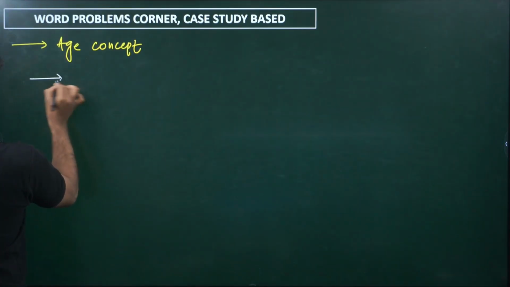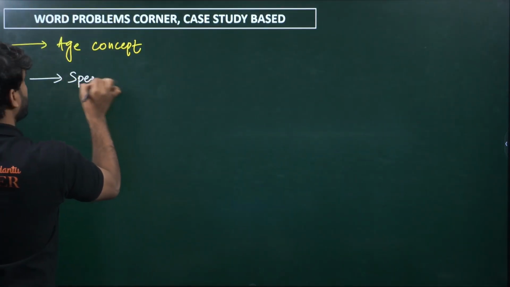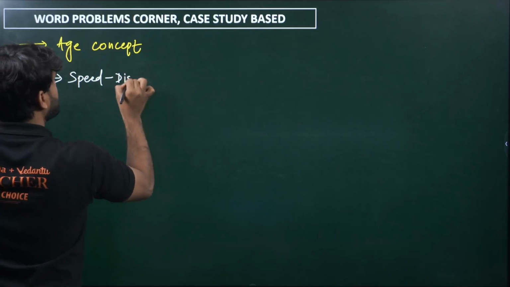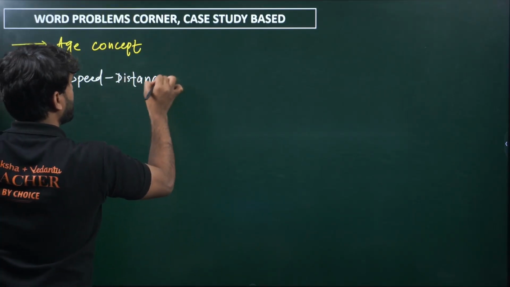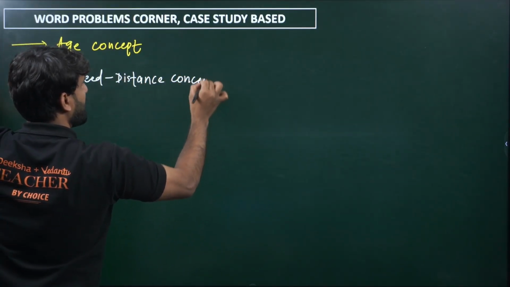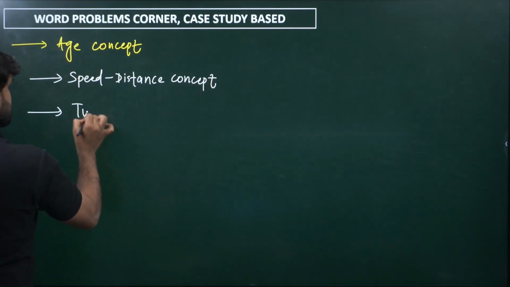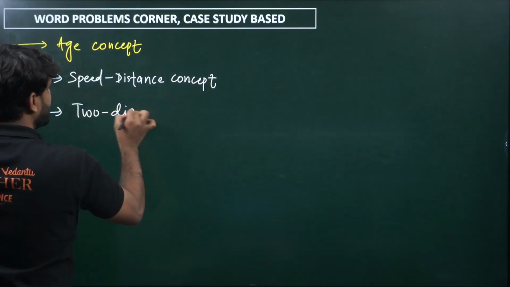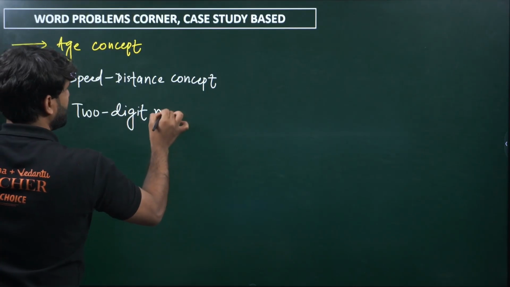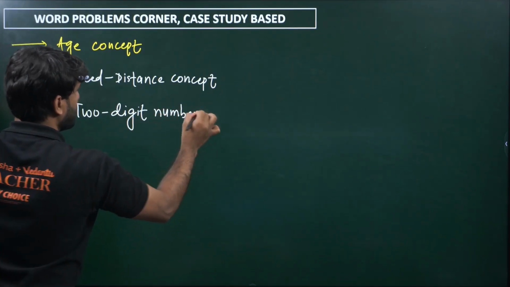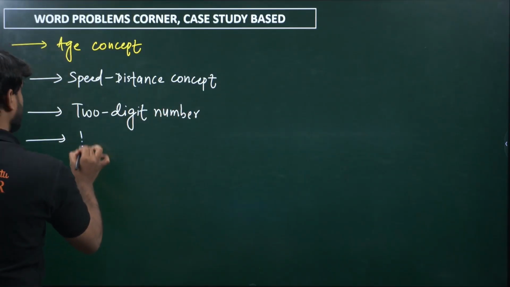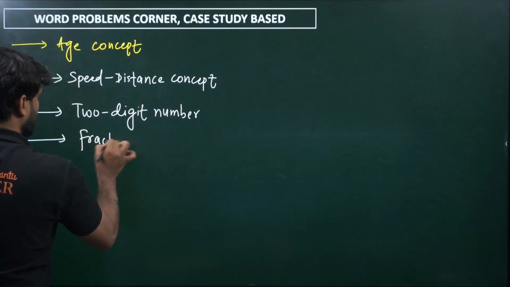Second is speed distance questions, the speed distance concept. Third concept that comes up here is the 2-digit number concept. Next comes fraction.